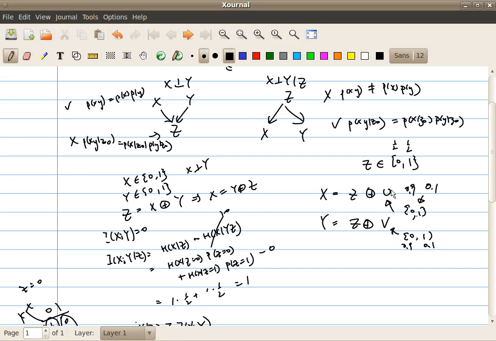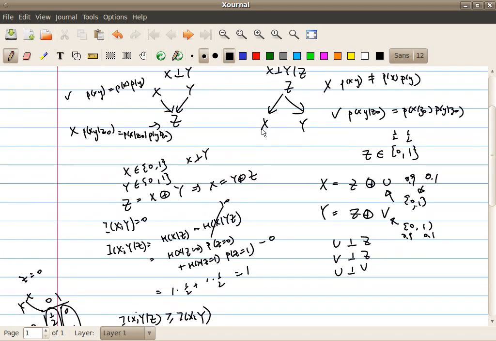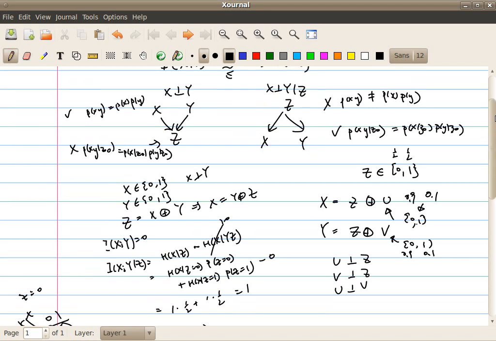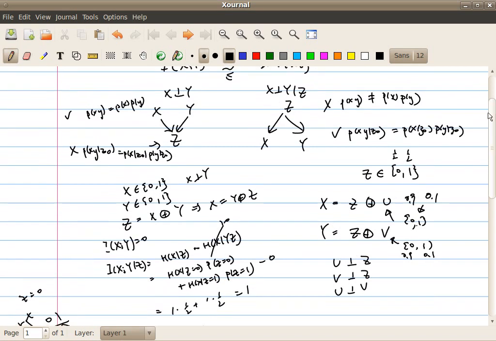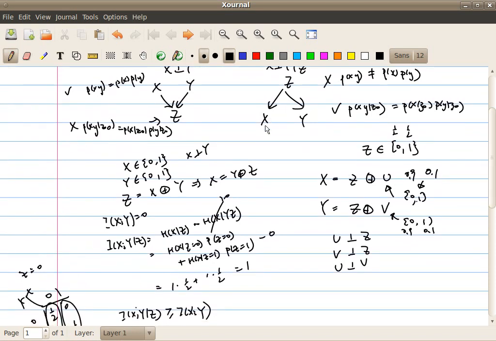Now, we assume that u, v are independent of z here. So u is independent of z, v is independent of z, and u is independent of v, and so on. So now in this case, first of all, we can see that x and y cannot be independent.